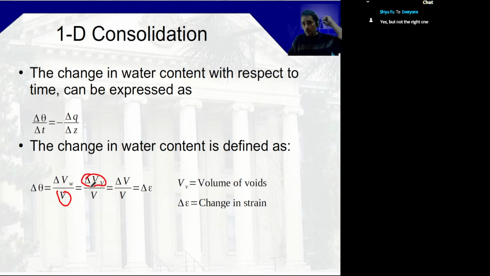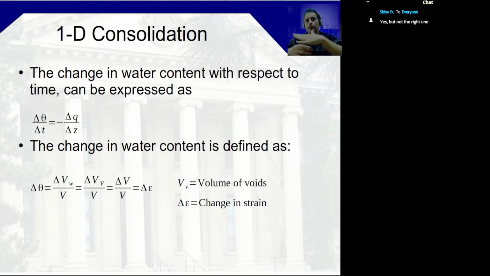And that's basically equal to the change in volume of voids, if we have a saturated soil, which is what we usually assume when we consider consolidation problems, because if they're not saturated, what you will have first is compression of the air voids. That will be fairly rapid, because if you have a continuous air phase, you should have relatively very fast evacuation of the air that is available to evacuate.